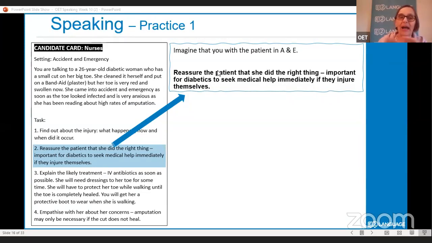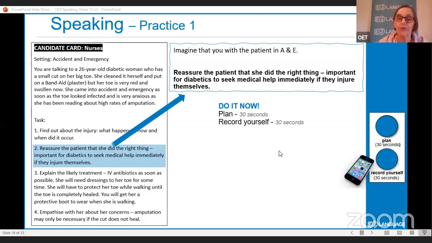She's in panic mode. Now, here's your chance to reassure her that she did the right thing. It's always important for diabetics to seek medical help immediately if they injure themselves. Very important point.